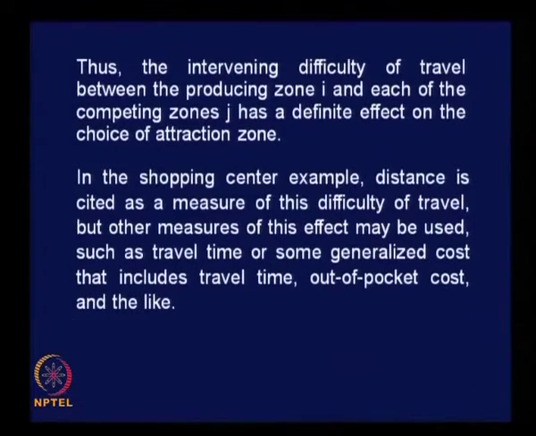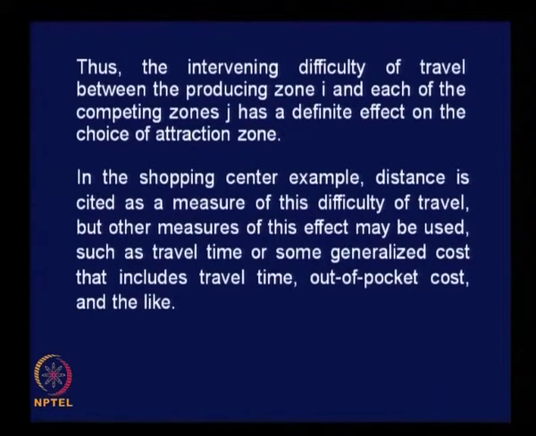So you see the distance, travel time and cost of journey all work together simultaneously while choosing a destination point. So we have to think on these lines and take a decision to really define the intervening factor in terms of spatial separation related variables.